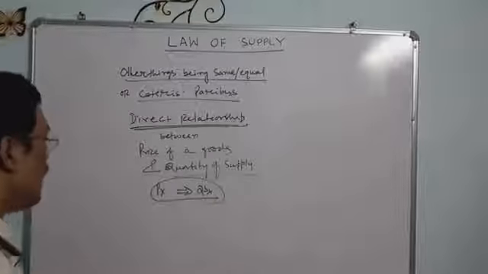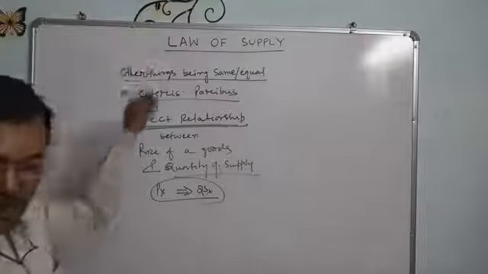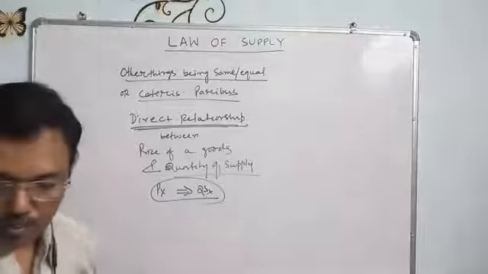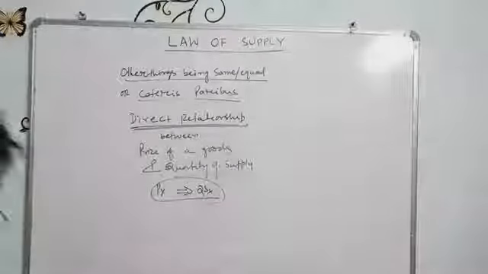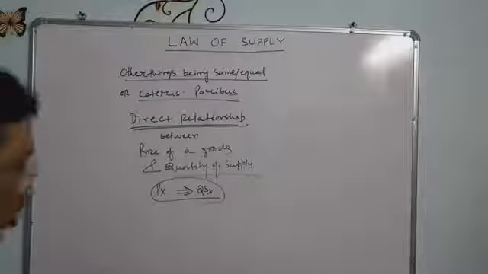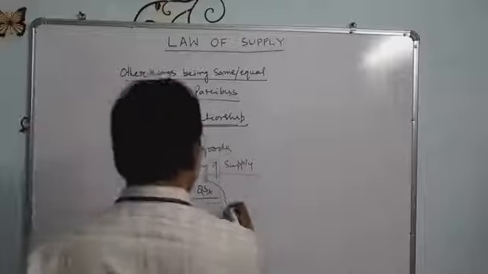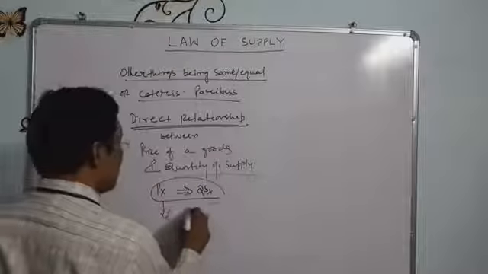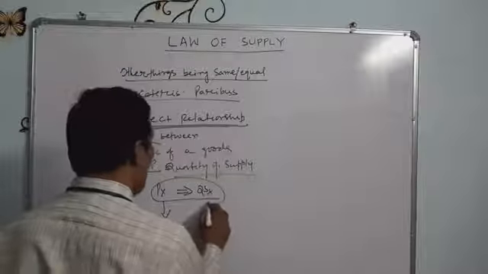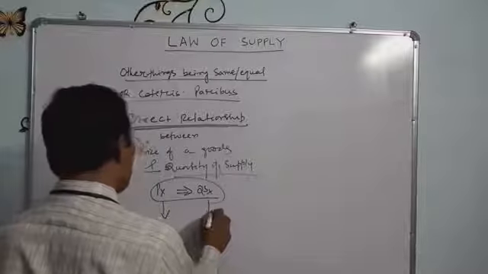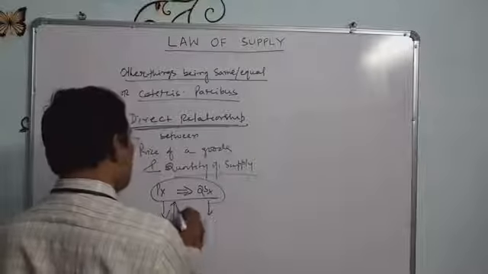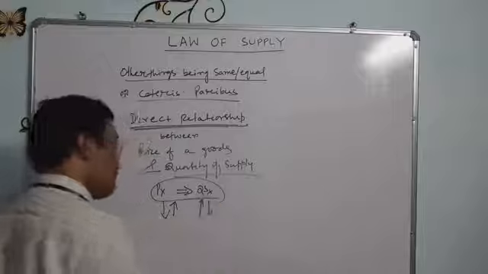Or in other words, other things remaining the same, when price of a goods increases, quantity supplied of the goods increases. When price decreases, quantity supplied of the goods decreases.